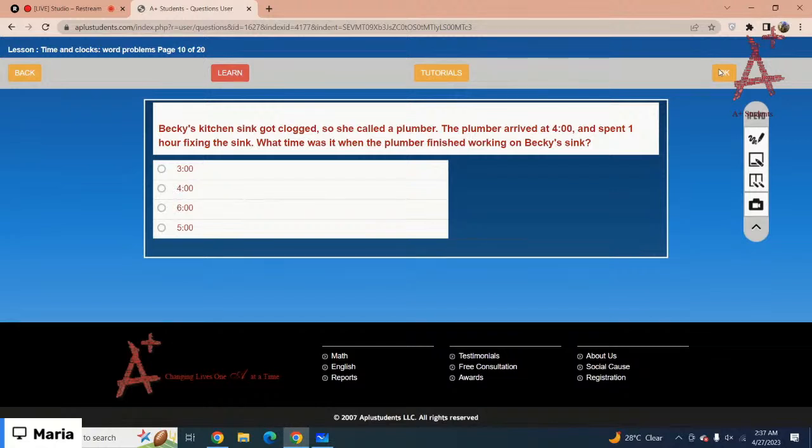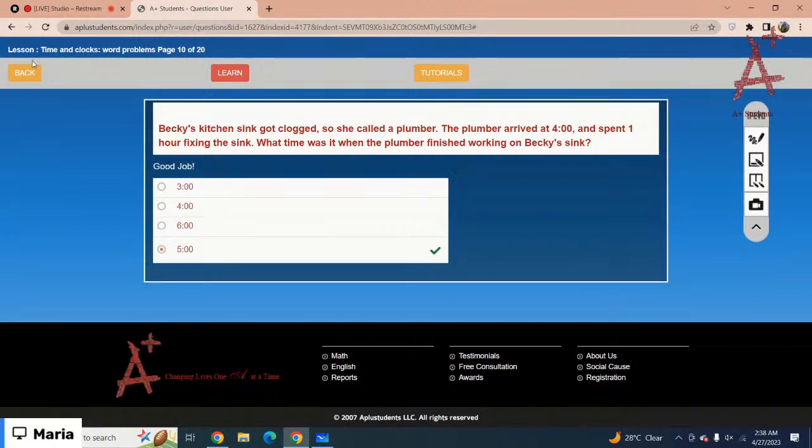Start from 4, you have to count 1 hour. Yes, that would be 5. You started at 4 and moved 1 hour, so it would be 5.